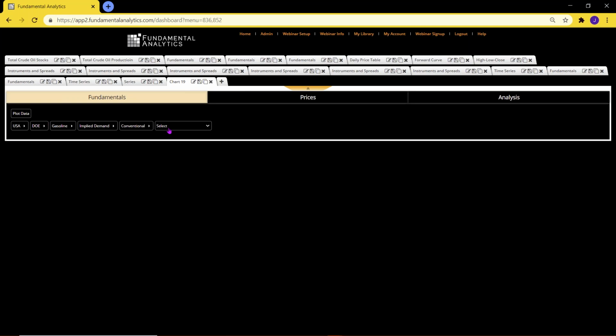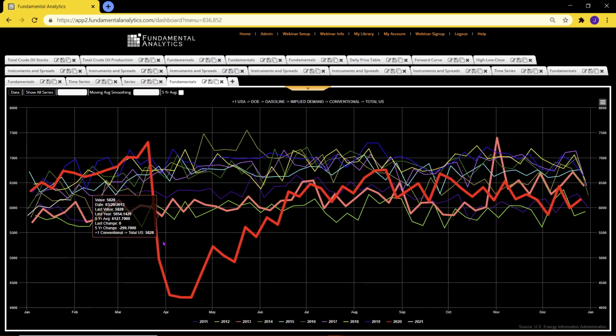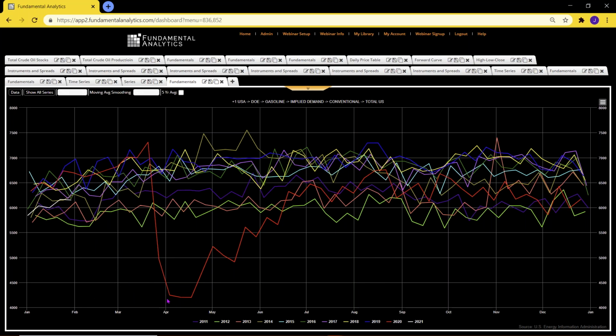I need one more choice, what part of the country or the total. And we see here on that demand chart, it really took a hit back in the spring, where demand just collapsed for gasoline. It's been coming back up.